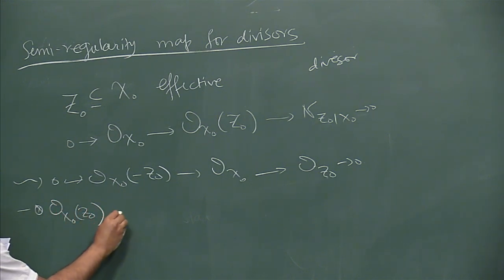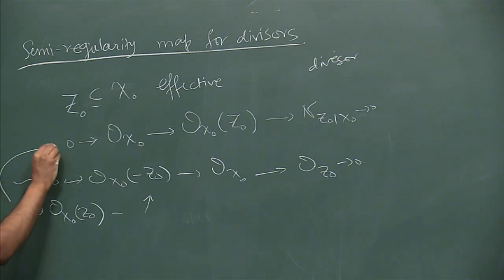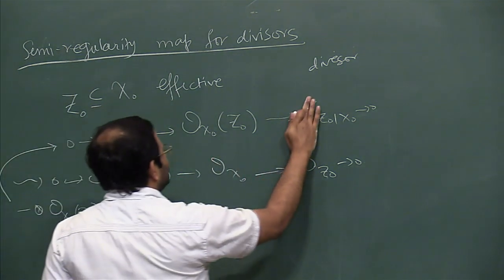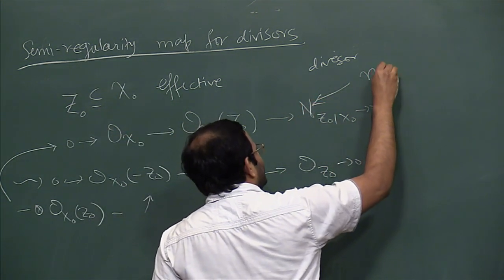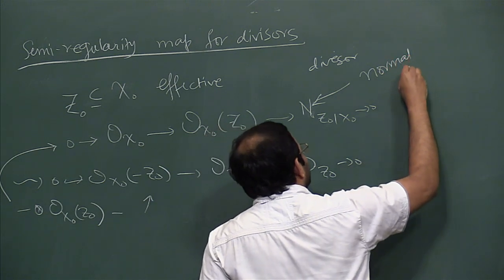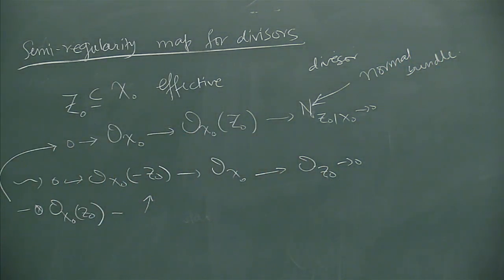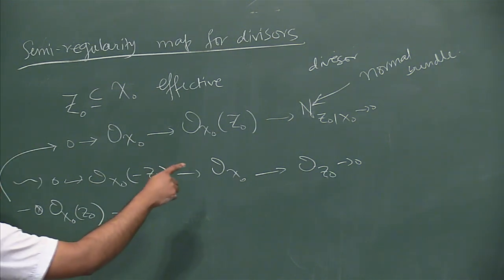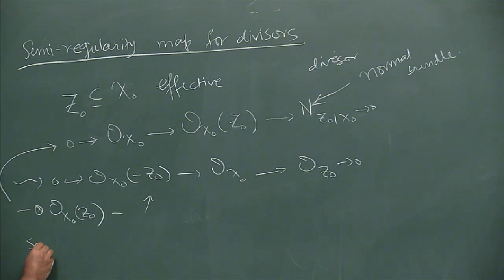So apply this to this short exact sequence, and you will end up with this. This is the normal bundle. Actually, this is of rank 1 because this is an effective divisor.